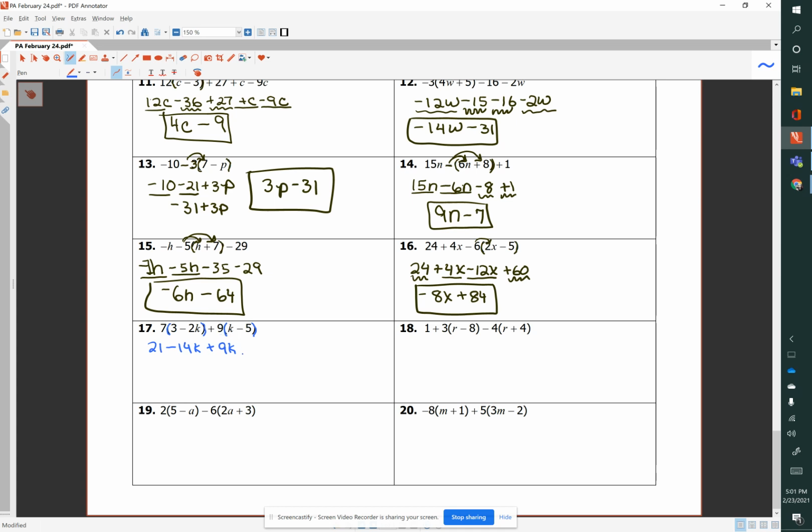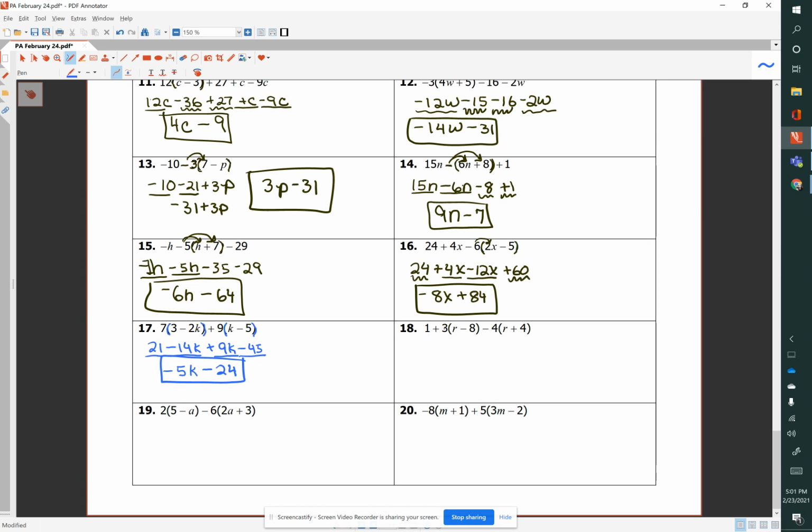And then 9 times negative 5 is negative 45. Now let's combine like terms. Negative 14k plus 9k would be negative 5k. And 21 minus 45 would be negative 24. And that's our final answer.